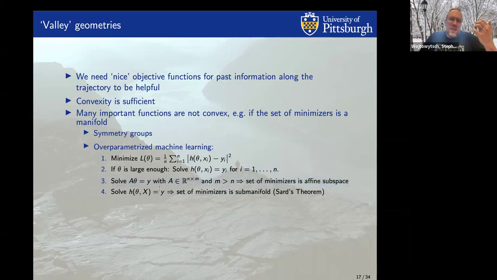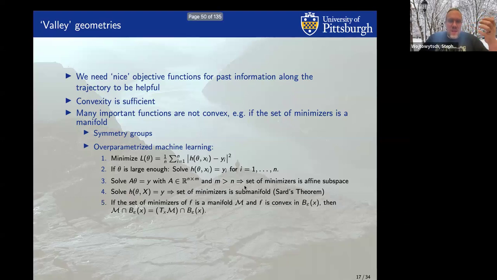And similarly, if I try to solve a nonlinear set of equations overparameterized, then generically the set of minimizers is a submanifold. This goes back to the Morse-Sard theorem, and this holds generically due to the regular value theorem.